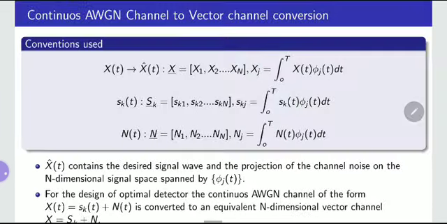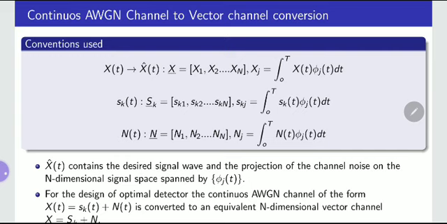So using this too, we will do a continuous AWGN detection. Okay. So these are the conventions used. Our received signal x of t is reduced to x cap of t. So x cap of t is actually the projection of x of t on the n-dimensional signal space spanned by phi j of t.